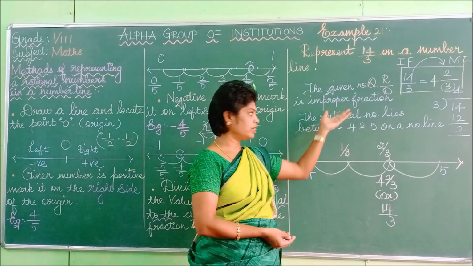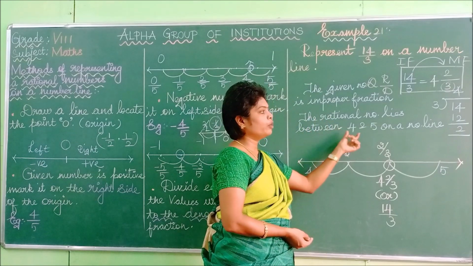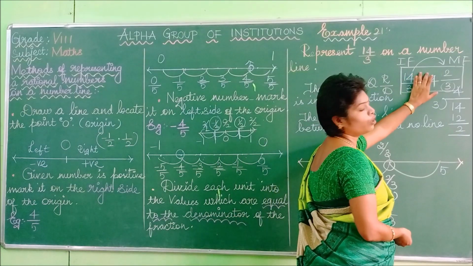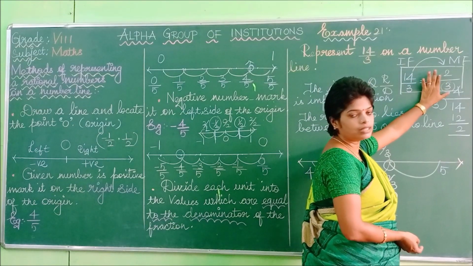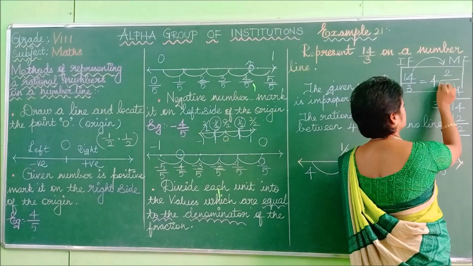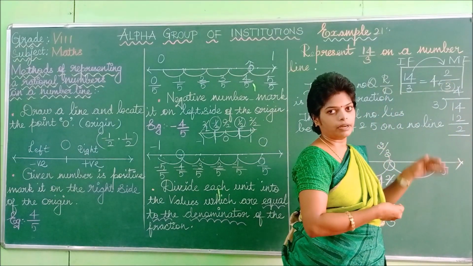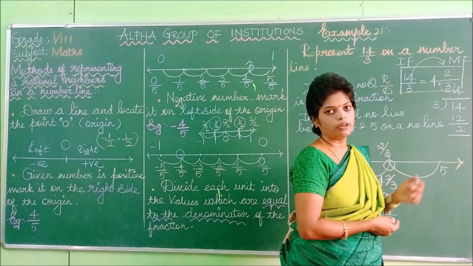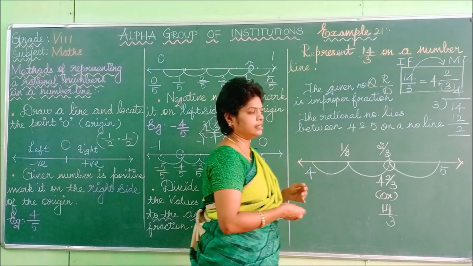Using that mixed fraction, we can say the rational number lies in between 4 and 5 because of the 4 whole part and 2 by 3 fractional part. So it is greater than 4 and less than the next number. What is the next number after 4? Next number is 5. So it is greater than 4 and less than 5.